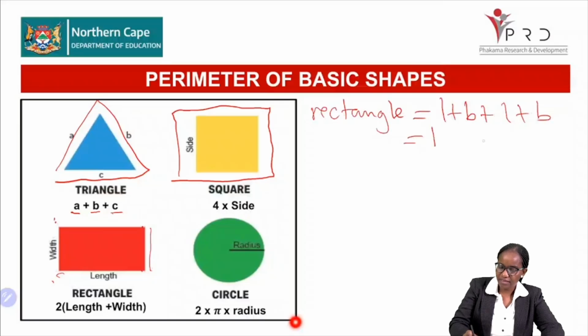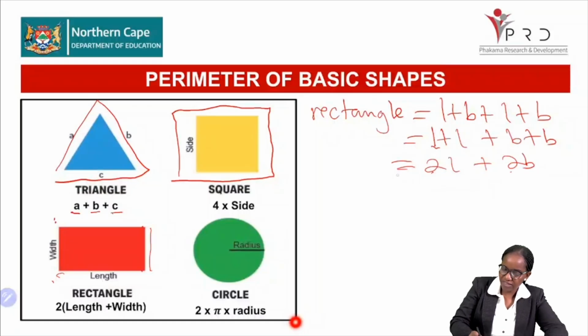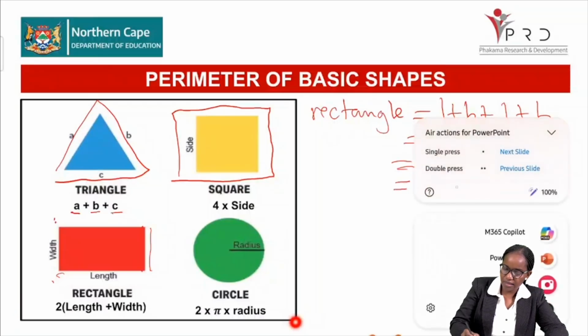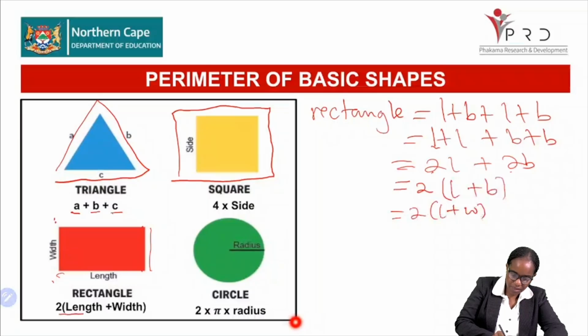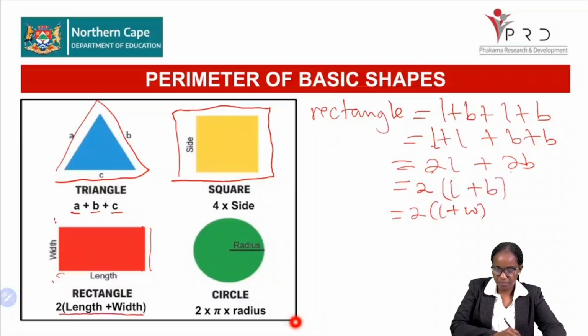So your length plus length, if we're grouping like terms, plus breadth is equal to the 2 length plus the 2 breadth. Taking out the common factor, we will have 2 times the length plus your breadth. So 2 times the length plus the width. So this is what we get.